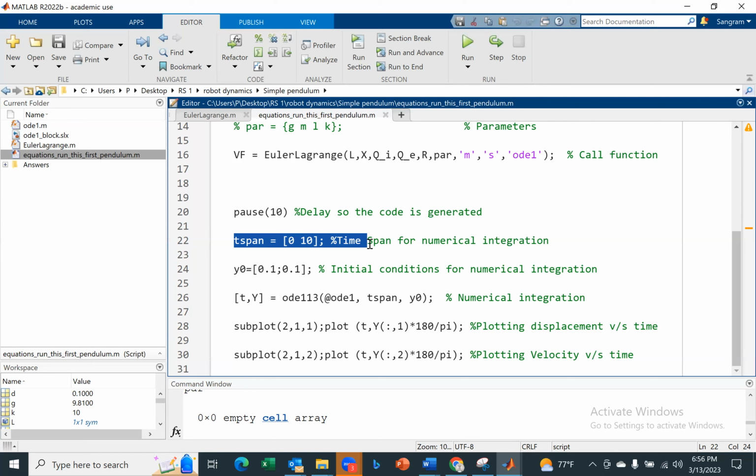The first plot is going to give me angular displacement. But please understand, the output is in radians. I want to plot it in degrees, so I am multiplying by 180 and dividing it by pi. Velocity again is in radians per second, multiplying by 180, dividing it by pi. So I got the answer. Everyone understood this? Please run this code and see what answers you get.